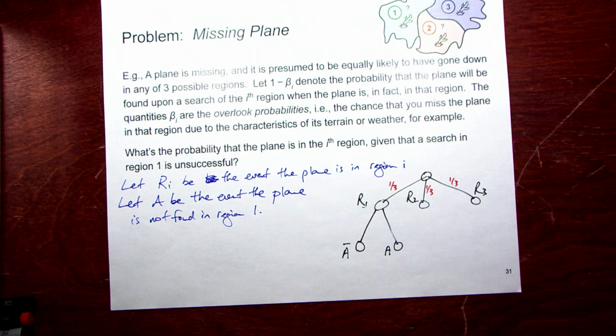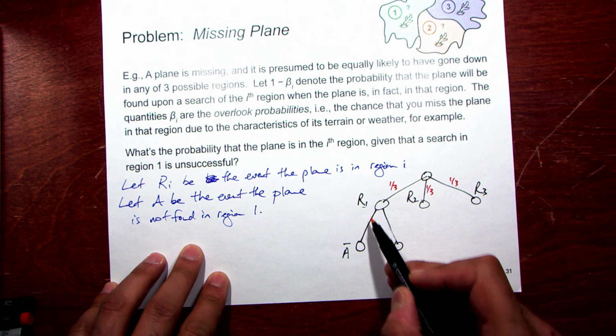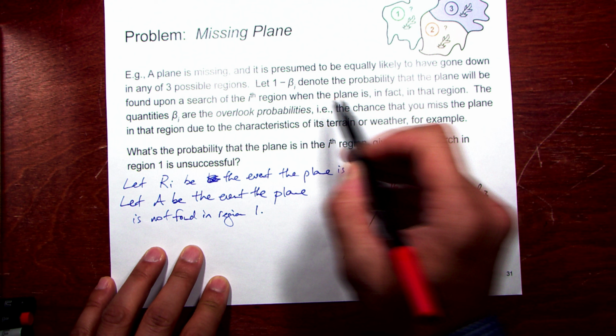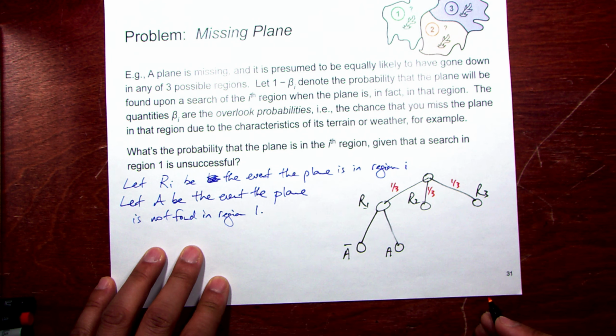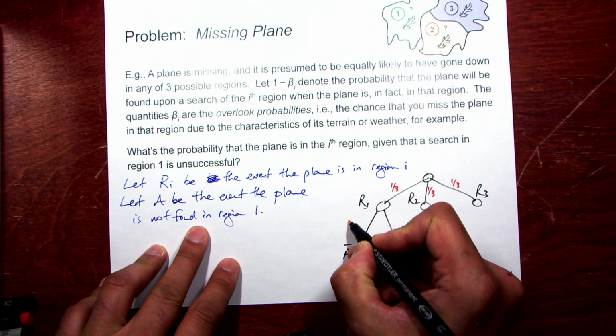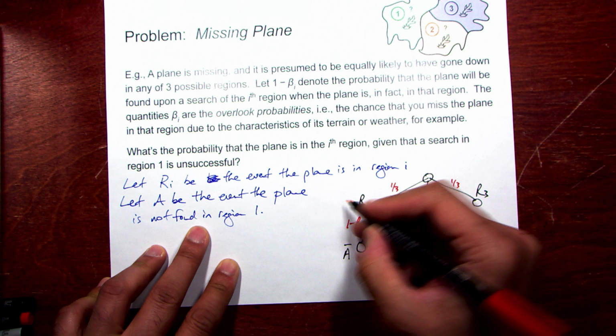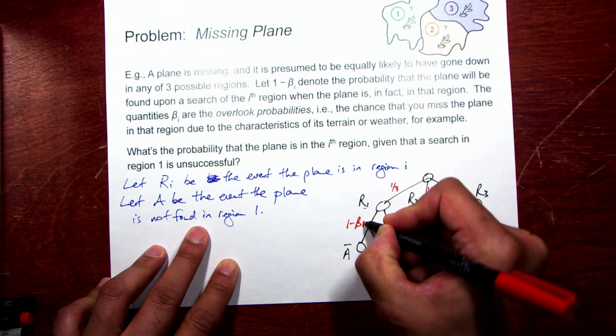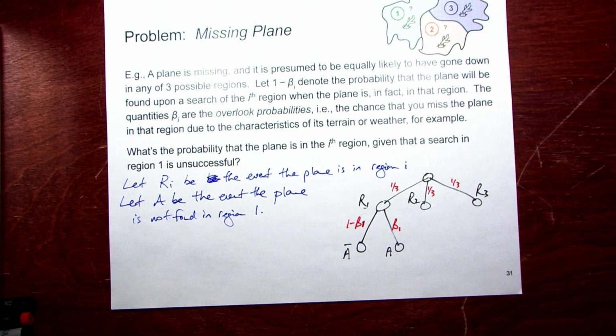So the probability the plane will be found upon the search of the ith region when it is there is 1 minus beta 1, I guess beta 1, not beta i. And with probability beta 1, you miss it.